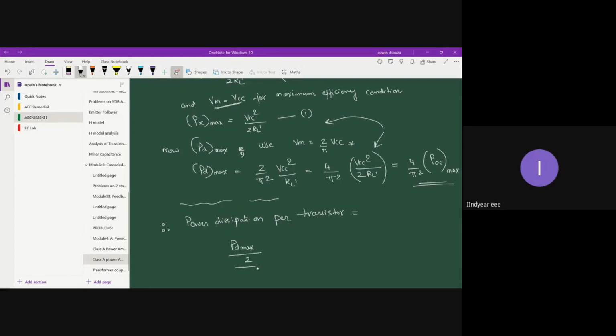The reason being 2 transistors are used. Unlike in class A where only 1 transistor is used, in class B 2 transistors are used. So each transistor dissipates a power of PD maximum divided by 2. So that is your expression.